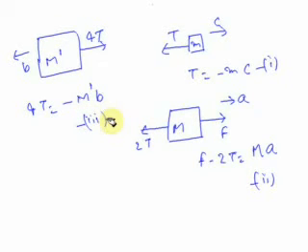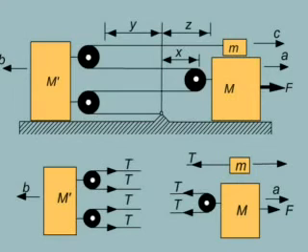Now let's find out how we can use the thread constraint. As you can see here, the total thread length is, this is y, so this will again be y, this is also y, and this is also y, this is x, so this will again be x.